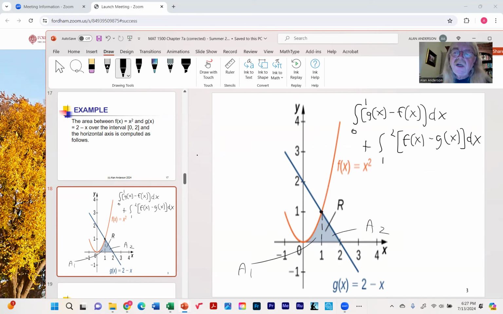A1 will be this one. Actually, it doesn't matter which is A1 and which is A2. Oh no, sorry, this is A1. I thought I had them out of order. Oh, sorry, no, I was right the first time. They are backwards. This one is A2.